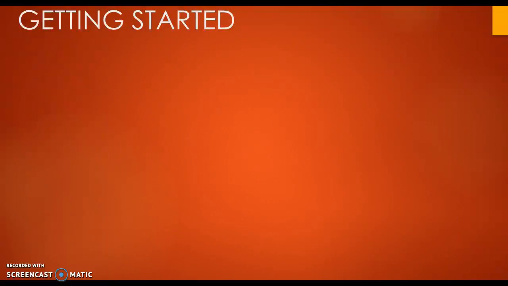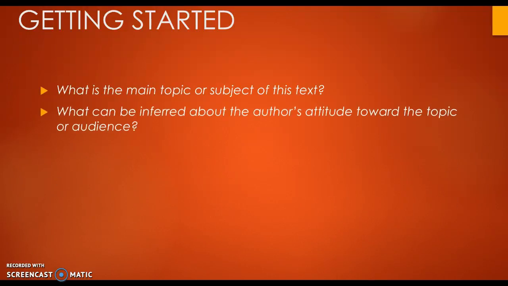So getting started with this assignment that you have this week, I will ask you to ponder these questions. What is the main topic or subject of this text? Make a note about it in the margin. What can be inferred about the author's attitude toward the topic or the audience?